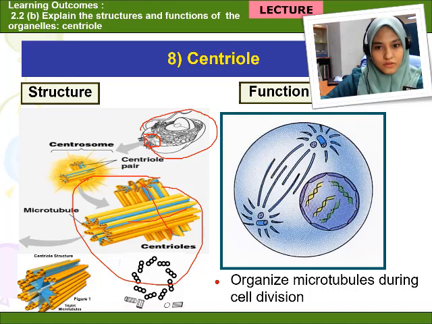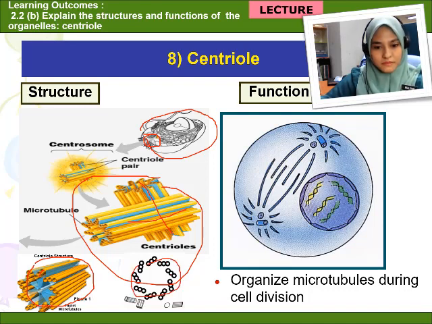Each centriole is composed of 9 sets of triplet microtubules. As you can see, this is one pair of the centriole, and this is when you observe a cross section of the centriole. It is composed of 9 sets of triplet microtubules, so there are triplets here, and there are 9 sets of them, arranged in a circle.